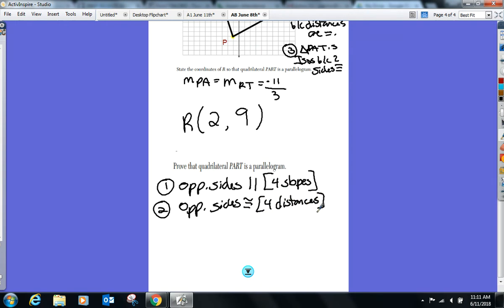Anybody remember the special case that makes it into a parallelogram? One pair of opposite sides congruent and parallel. And that would be 2 slopes and 2 distances.